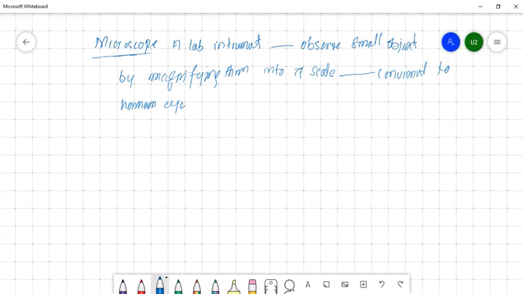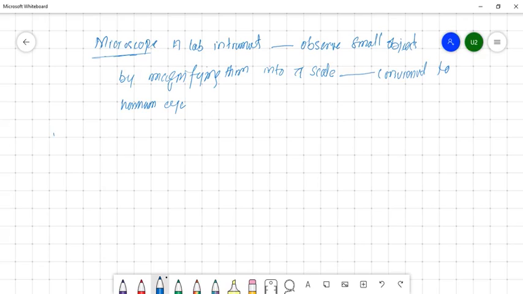So we say, in other words, that it allows the observer an exceedingly close view of minute structure for examination analysis. ठीक है, मतलब स्मॉल जो ऐसी चीजें जो हम अपनी आंखों से नहीं देख पाते, with the help of microscope, we can see very small structures, creatures to examine and analyze. All right.